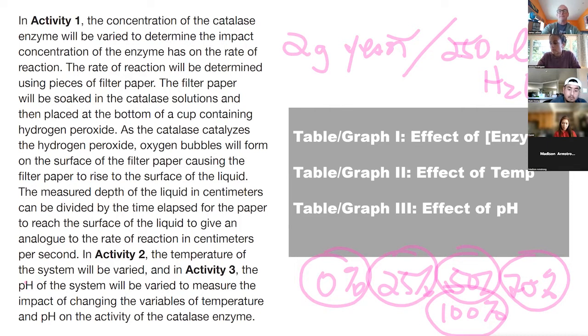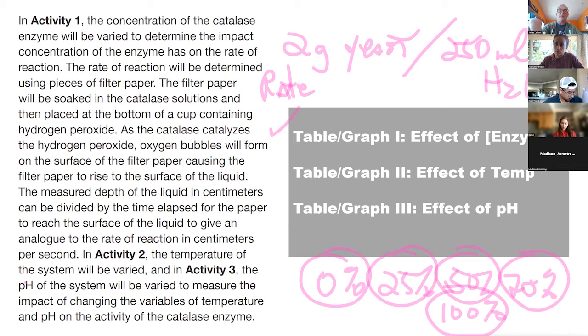So the first activity will be looking at how much changing the amount of enzyme affects the rate, because that's basically what we're going to be measuring, the rate of movement of the filter paper. How fast does it move?